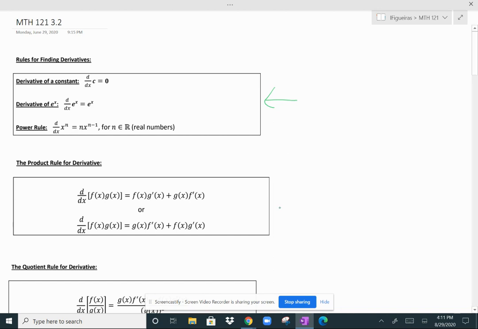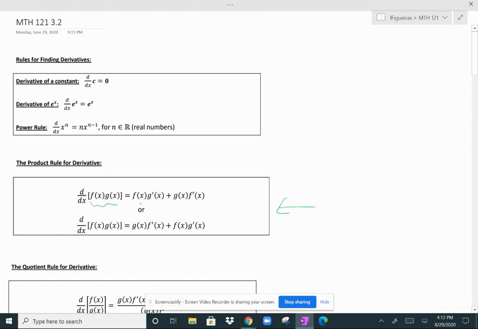So here's our product rule. If we want to take the derivative of the product of two functions, those two functions being f of x and g of x, as seen here, that's equal to f of x times g prime of x plus g of x times f prime of x.